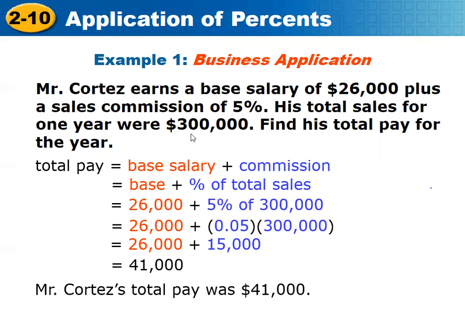If the first one has $300,000 and the second one has $500,000, we have to add this percent, which is 5% of the sales, then you will add them together to find the total answer. Okay? So for any question that has a commission, we have a specific formula. This formula is base salary plus commission, and so on. Let me give you another part.